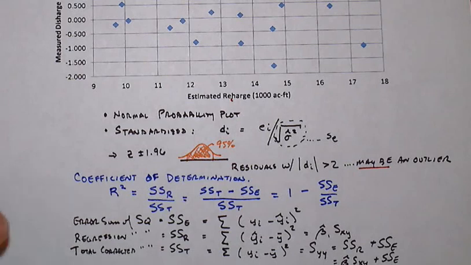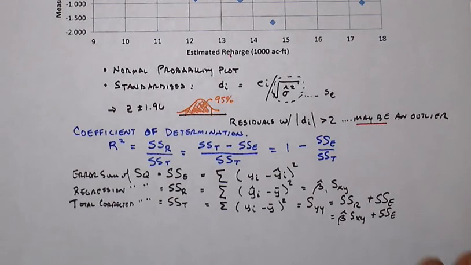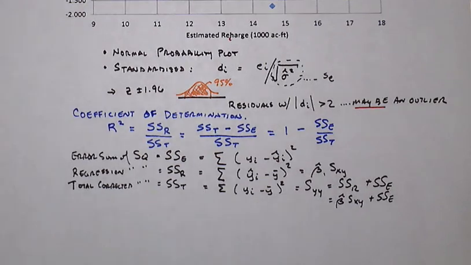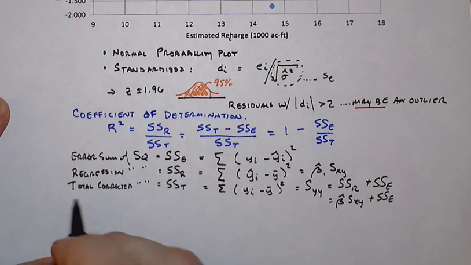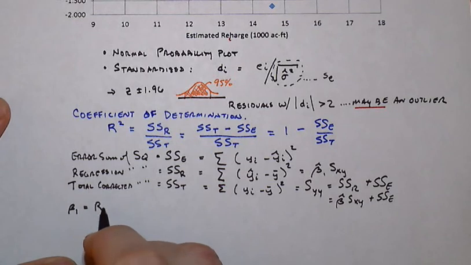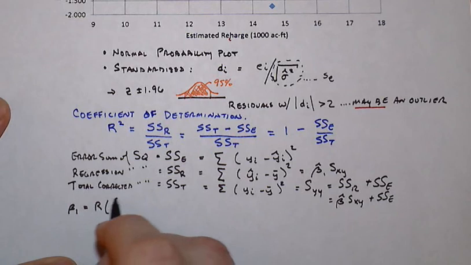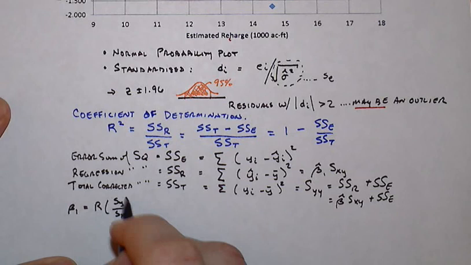Now, one last little part of this is to go back to some of our definitions to understand why we used the word regression. To do that, let's go back to our slope term, beta 1, which can be shown to be equal to our correlation coefficient r times the standard deviation of y over the standard deviation of x.